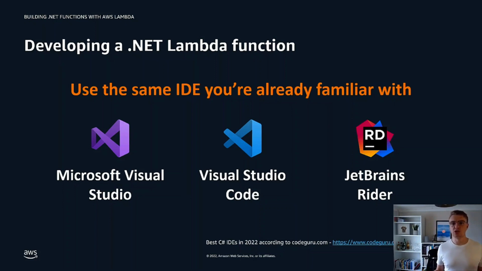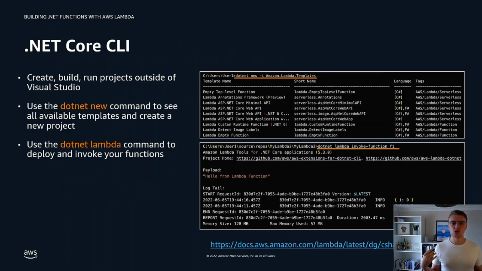So from Visual Studio, I can right-click my project and say publish to AWS Lambda, and that will go off and publish it. There's also some built-in tools to the .NET CLI. So if you install the Amazon Lambda tools package in the .NET CLI, you get some additional helper methods. There's a lot of different templates that have been built.